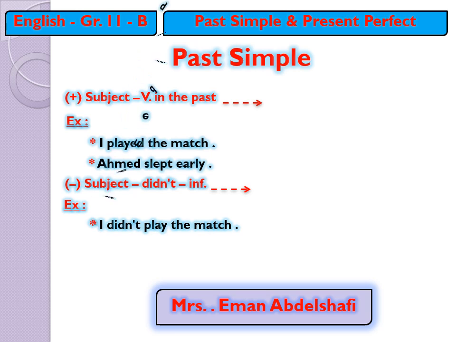The other example, Ahmad didn't sleep early. After didn't, we use the infinitive, which means the main form of the verb or the verb without any additions. So be careful, didn't is followed by an infinitive.